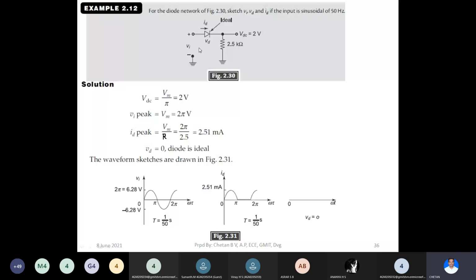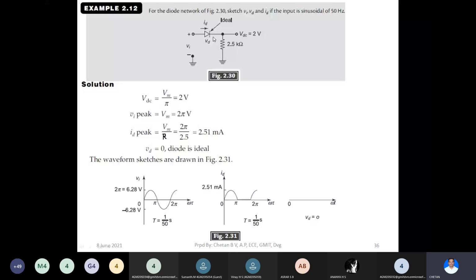Then next, the second sketch they have asked for in the problem is the sketch for small Vd. Small Vd is the voltage drop across this diode, but what is given is that this is an ideal diode. Ideal diode means we have to replace this diode with an ideal diode. An ideal diode is as good as a perfect short circuit during forward bias. Hence, there would be no voltage drop across this diode at all.